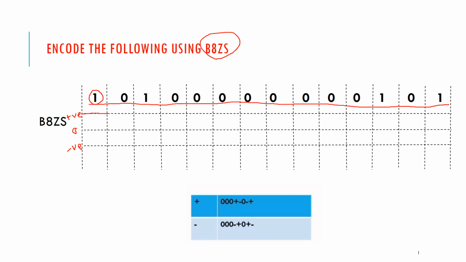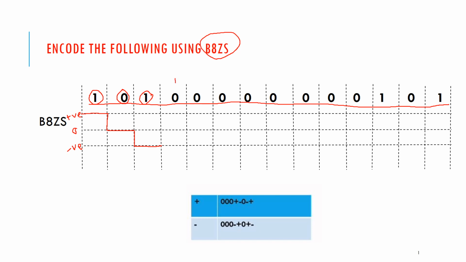Then you have a 0 and we don't have 8 consecutive zeros, so for this 0, I'm going to be following normal AMI. In AMI, 0 just goes on the 0 voltage, right? Then you have a 1 and this one is going to be on the negative since my last one was on the positive, following normal AMI technique.